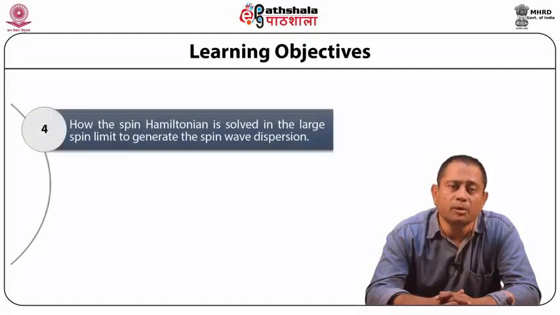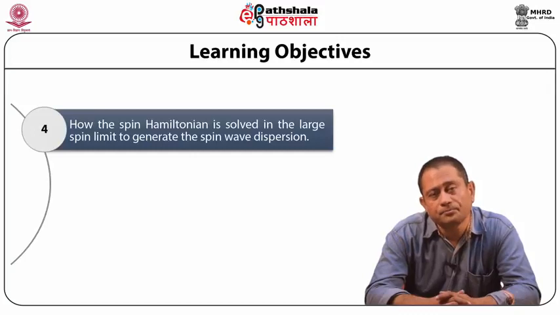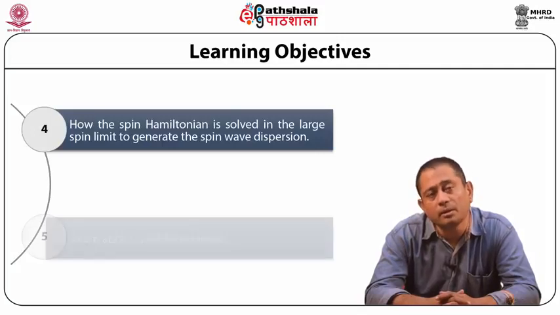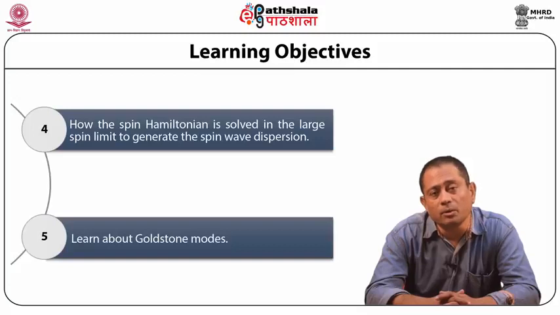Then, how the spin Hamiltonian is solved in the large spin limit to generate the spin wave dispersion. This is also one of the prime results of solving the spin Hamiltonian. And then finally, from the spin wave dispersion you will learn about the famous Goldstone modes.